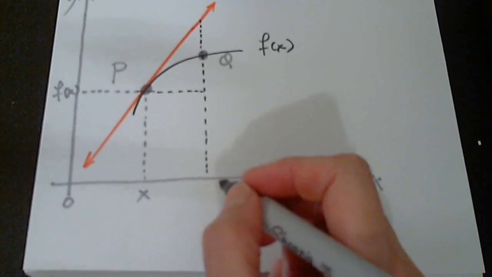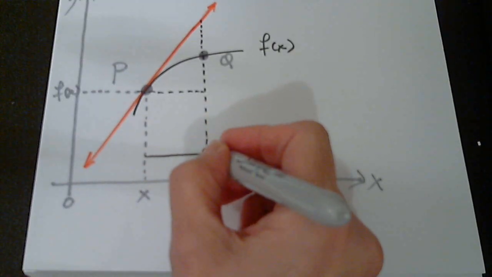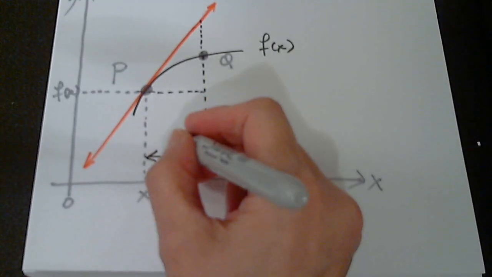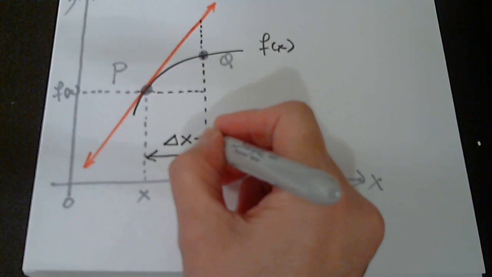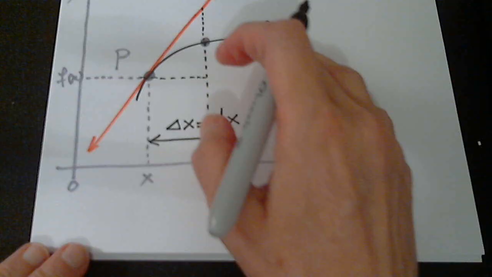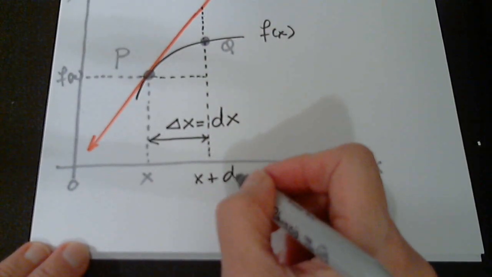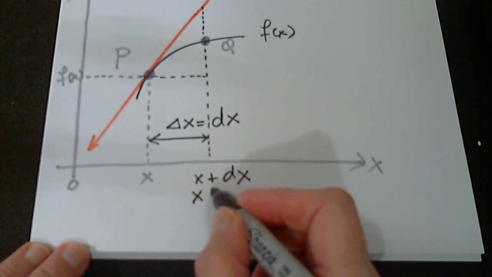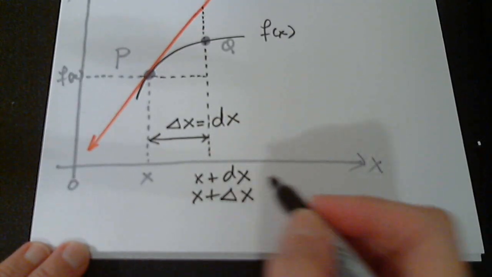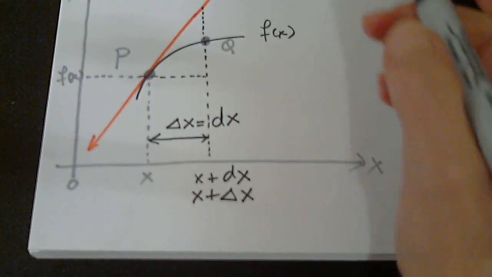The coordinates of Q will be x. So this is something called delta x or dx. So obviously Q will have the x coordinate x plus dx or x plus delta x. So what are all these notations, first of all?